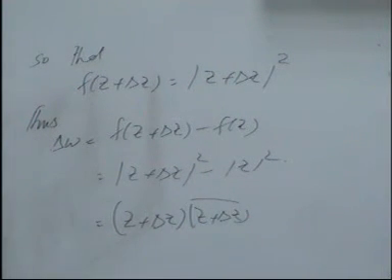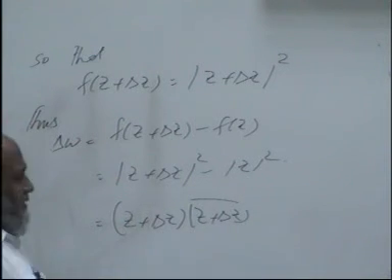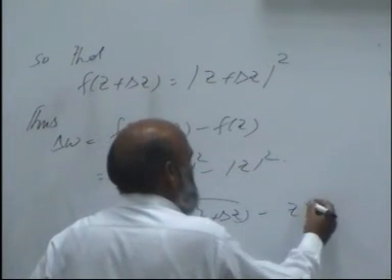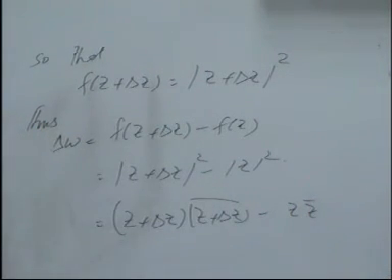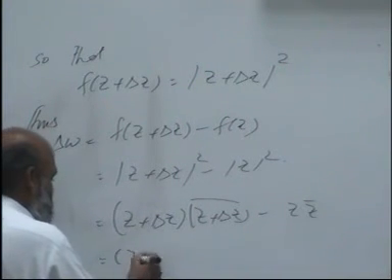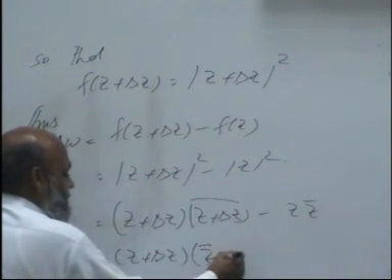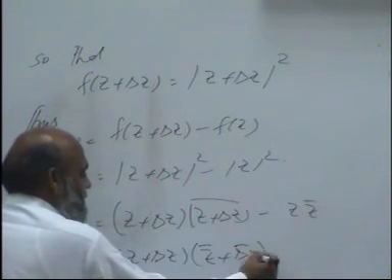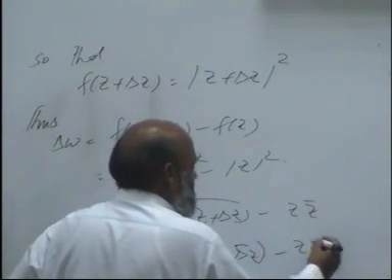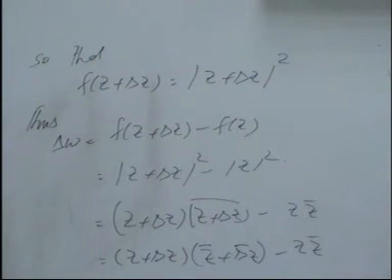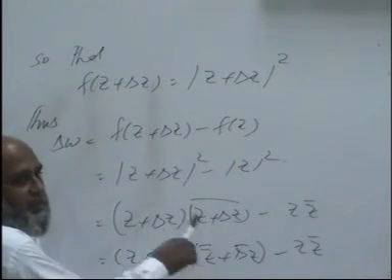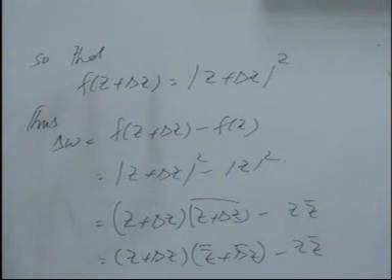Mod square can be written as z times its conjugate. So it is z plus delta z times z conjugate plus delta z conjugate minus z into z conjugate, using the fact that the conjugate of a sum is the sum of the conjugates.